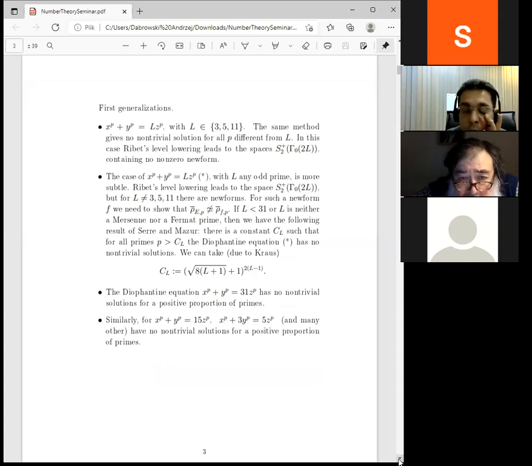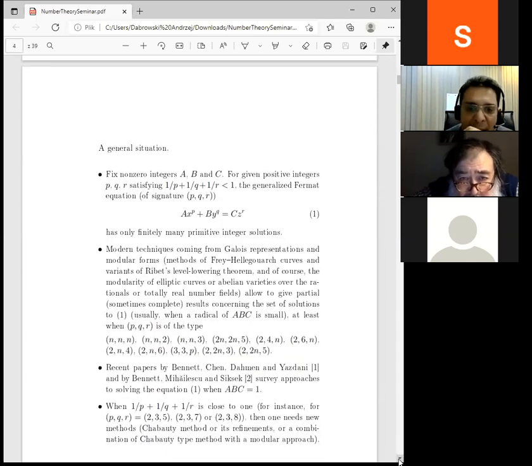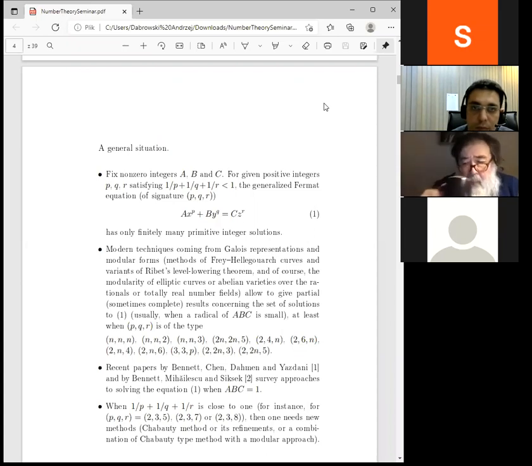And some few words in a very general situation: fix non-zero integers A, B, and C, and fix also positive integers P, Q, and R, such that the sum of their inverses on the left-hand side is less than 1.